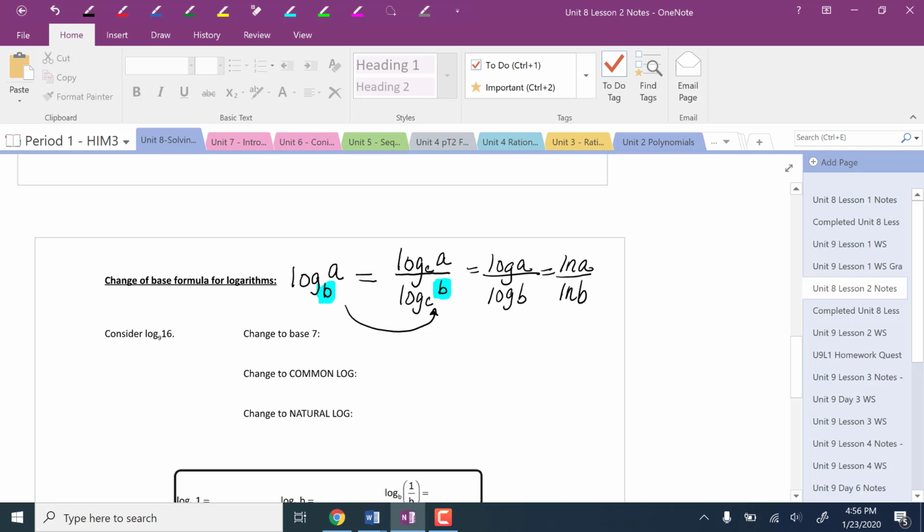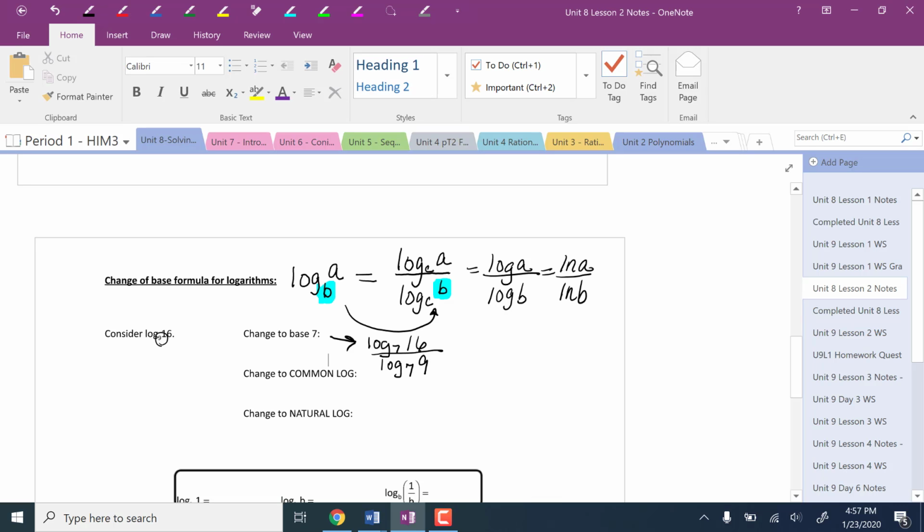So we'll look at log base 9 of 16. If we want to change that to base 7, we write log base 7 over log base 7, and then we put what's the base in the basement, and then my argument in the numerator.